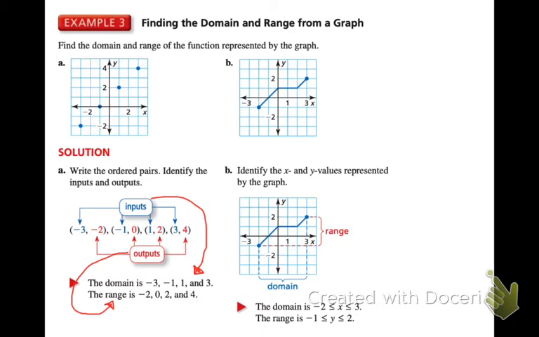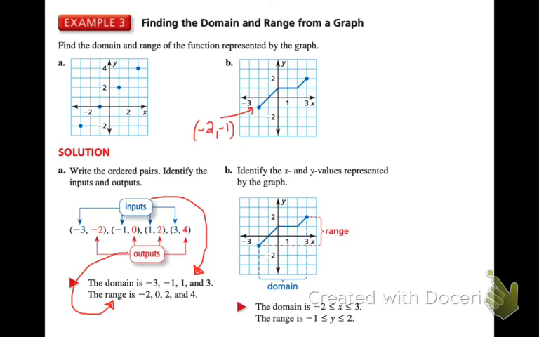Now we get to use in part B some of that compound inequality that we learned about, because this graph in part B has a definite beginning and ending, okay? So when you look at the input values, when you look at what is the least value for your input value, it would be right here determined by this point, which is -2, -1, right? -2, -1.